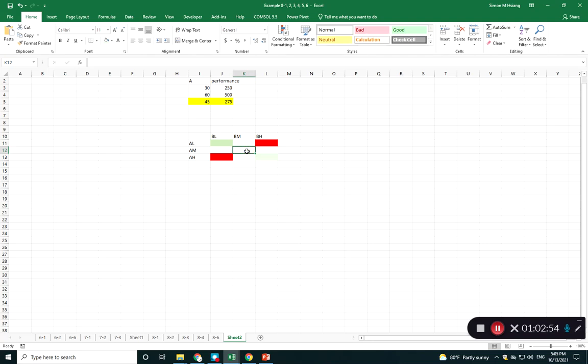It's not parallel. When A is low and B is low, or A is high and B is high, they're at one level. But A low and B high are at another level. So there are interactions, linear interactions.